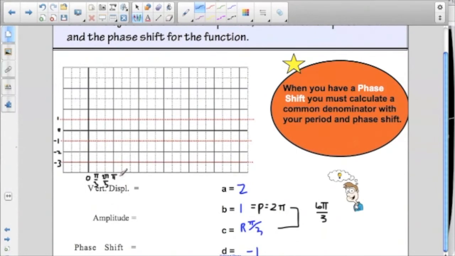This would be 4 π over 3, then 6π over 3, which is 2π, and this is 7π over 3. So you can get a scale now of where we're going.